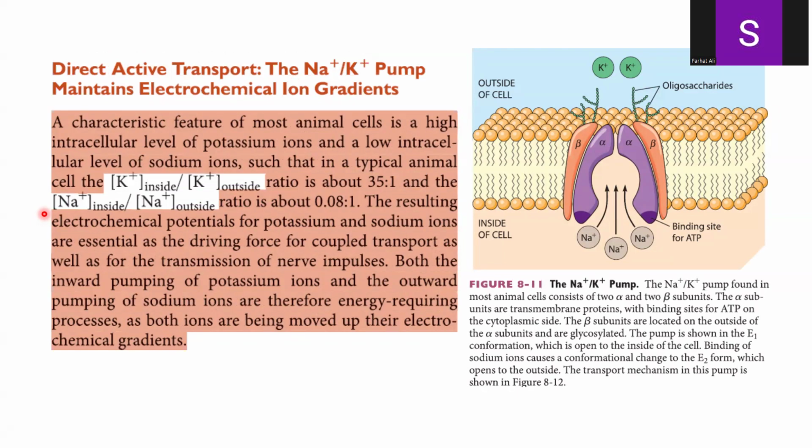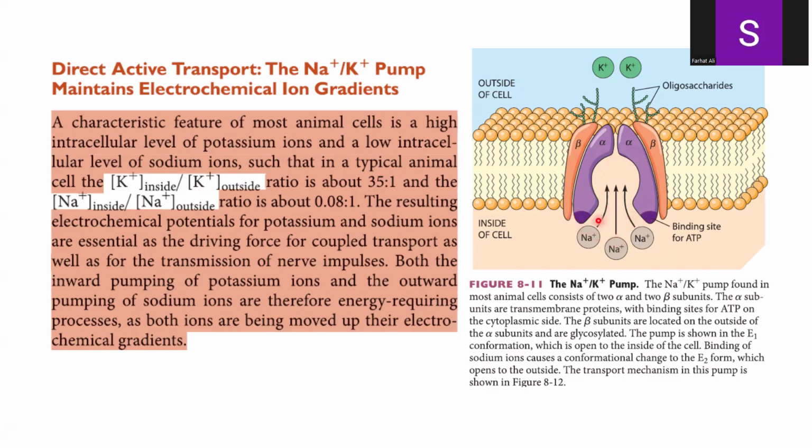Now we look at one important example, the sodium potassium pump, which is an example of a direct active transport process. So the pump is going to push sodium ions outside the cell and pump potassium ions into the cell. So sodium goes out and potassium comes in. This pump is made up of two types of subunits, the alpha and the beta subunits. The pump can exist in two states.